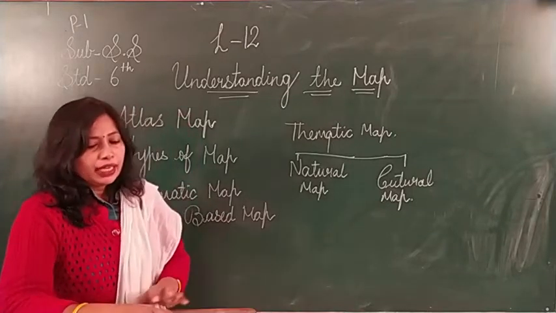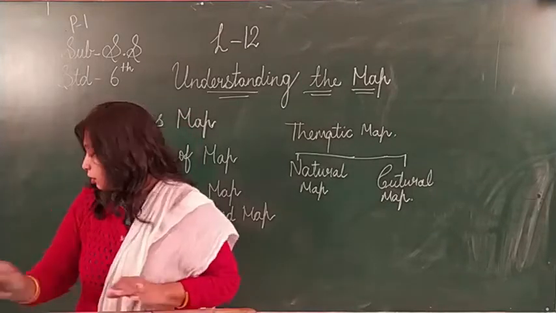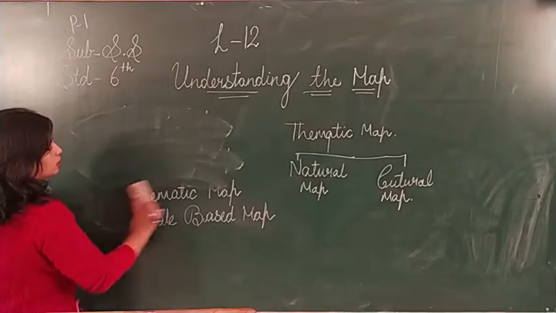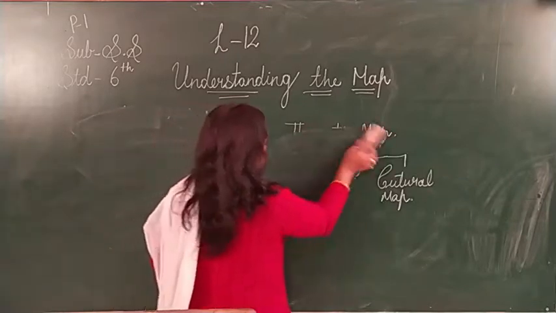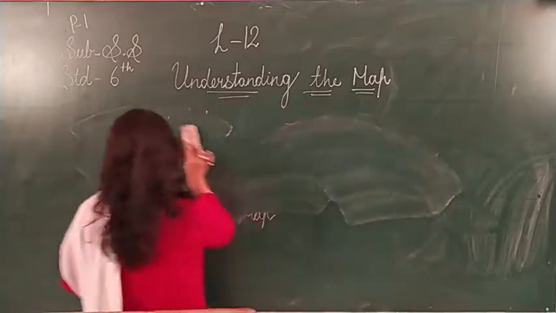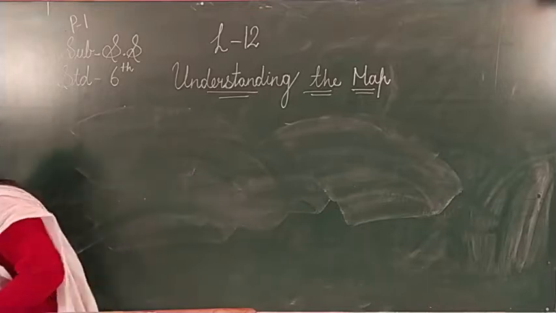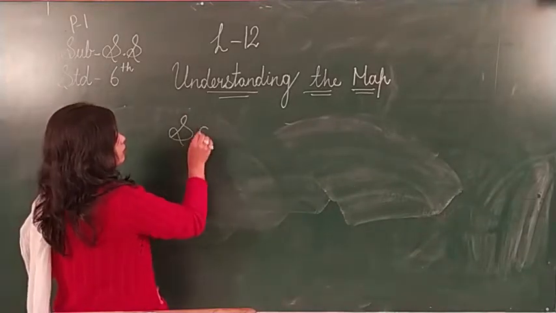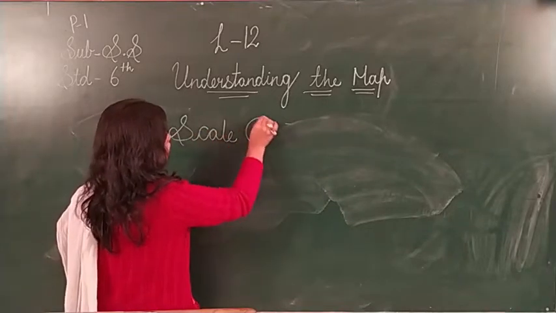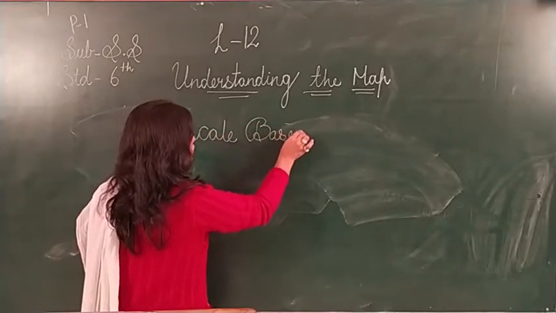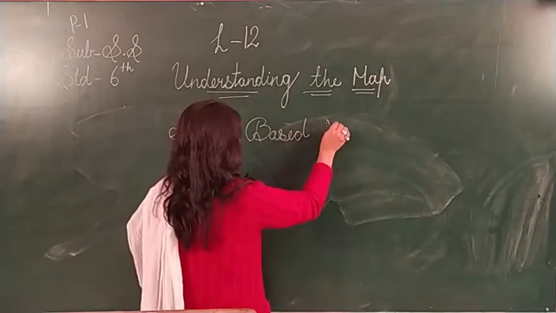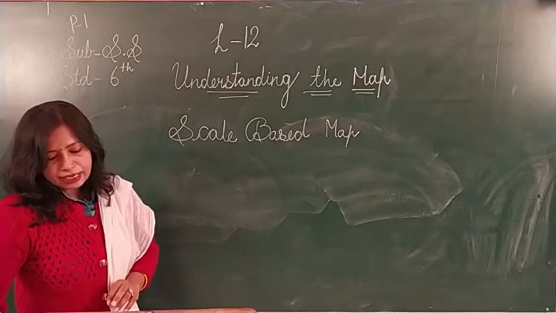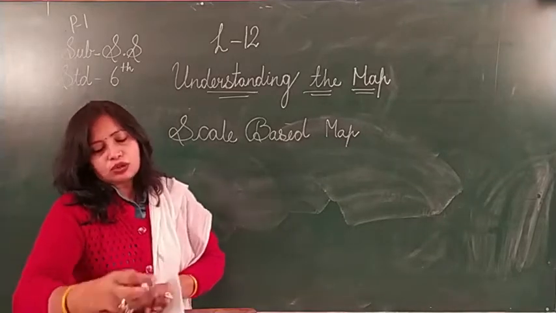Now in the scale based map, I will just show you that it is also categorized in different forms.